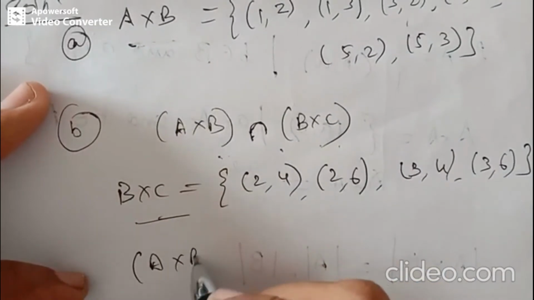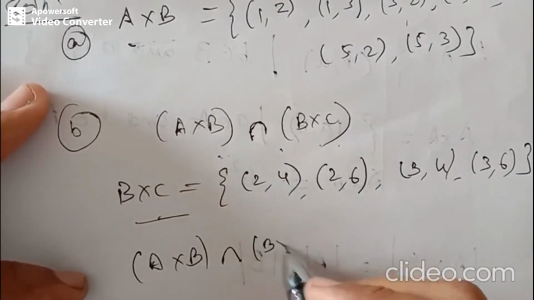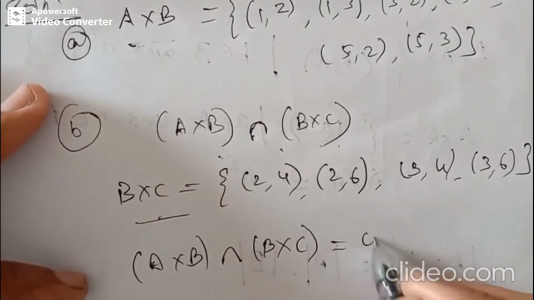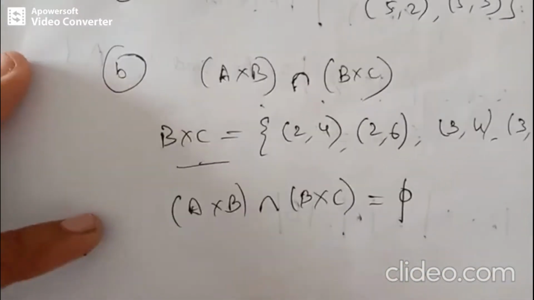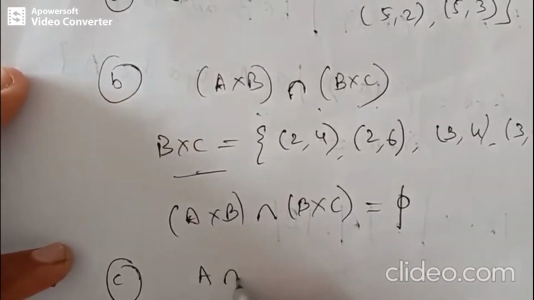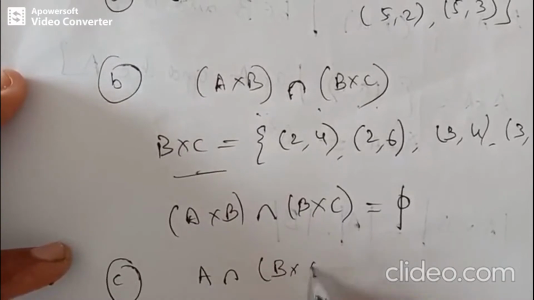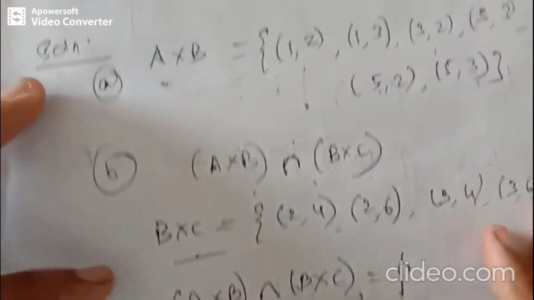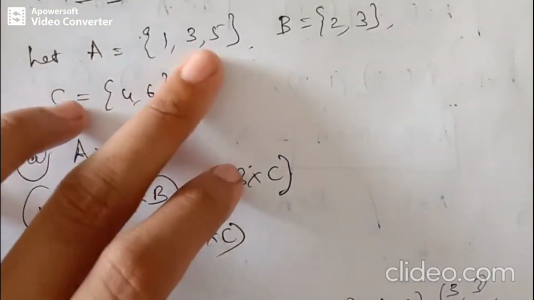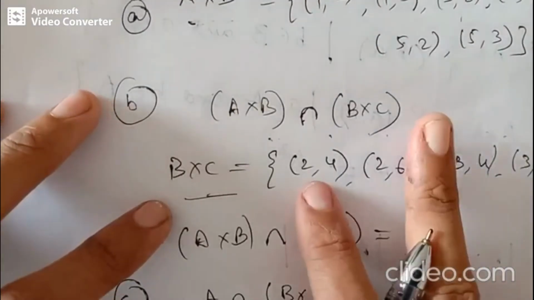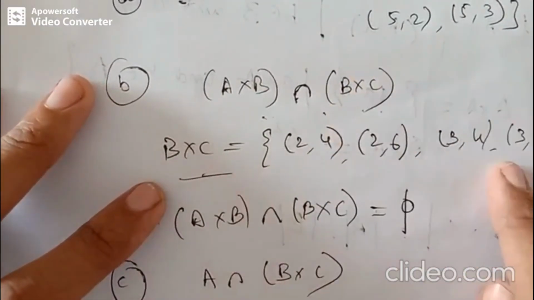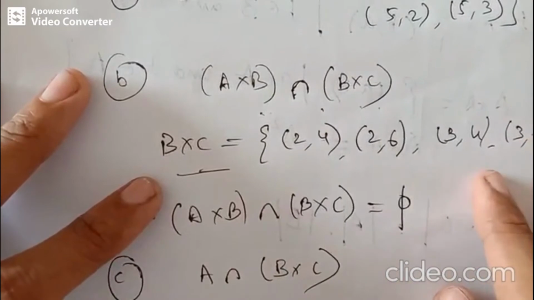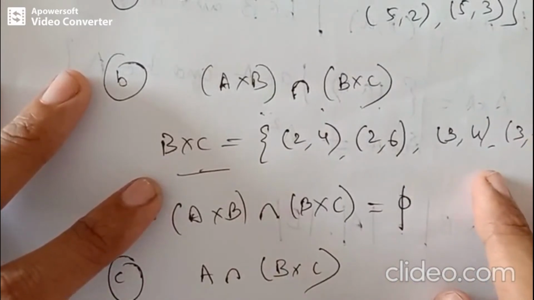So A cross B intersection B cross C is a null set. Coming to the third question, we have to compute A intersection B cross C. We know A, that is {1, 3, 5}, intersection B cross C. So how do we do this particular problem?